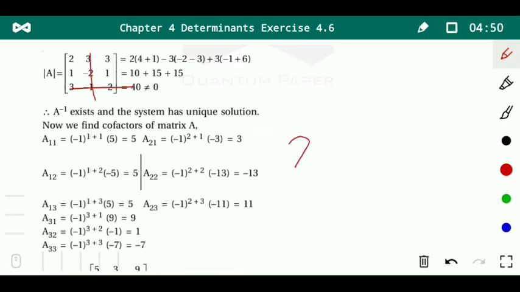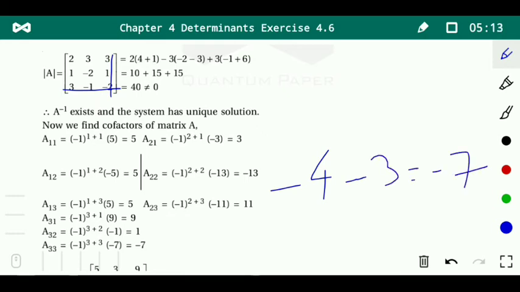So 2 ones are 2 minus 3 will be minus 1 into minus 1 because minus 1 raised to 5 will be minus 1. So minus 1 into minus 1 will be plus 1. And last we have to find out capital A33. So we have to remove third row, third column. So 2 twos are minus 4, minus 4 minus 3 will be minus 7, and minus 1 raised to 6 will be plus 1. So the answer is minus 7.